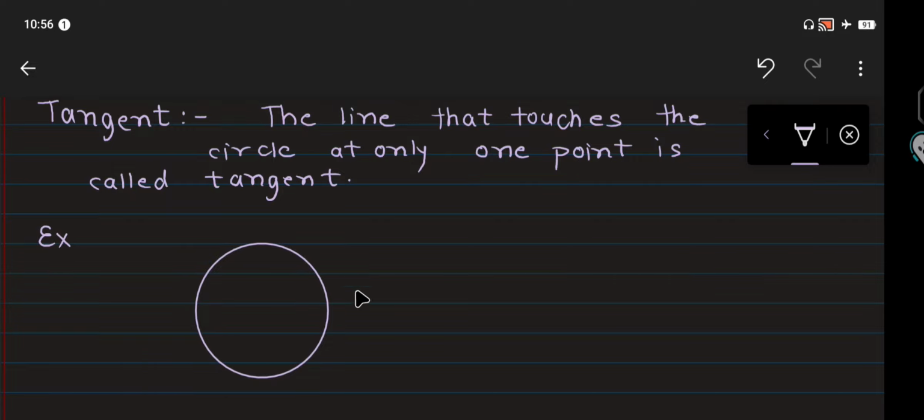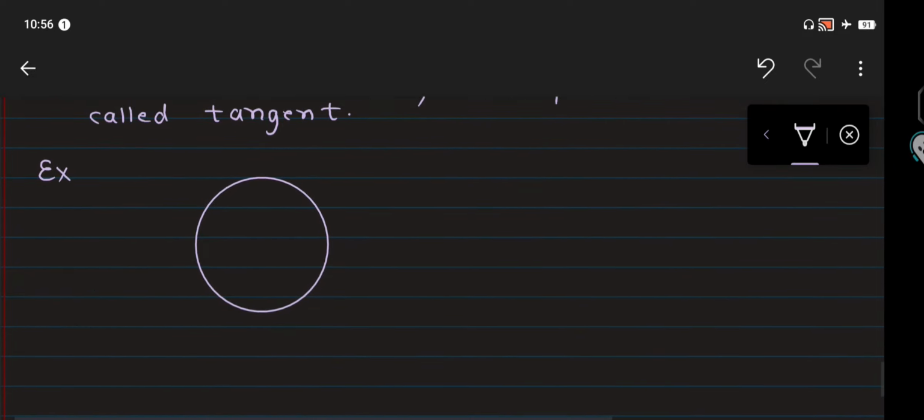So this is a circle, and let's say I'm taking a point A on the circle, and a line just passes from this point A and just touches the circle, it will not intersect it, just touch it like this.